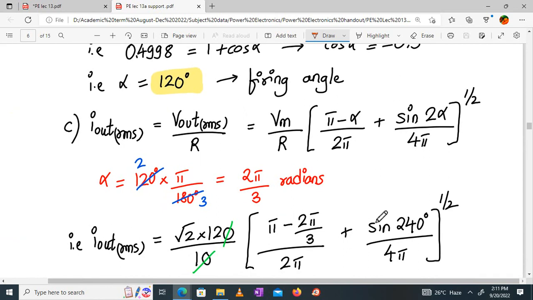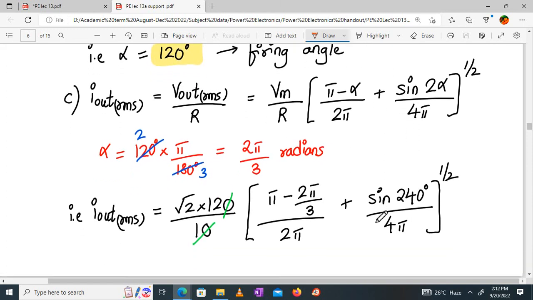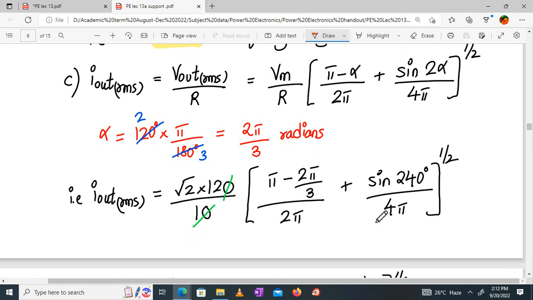Here I have calculated I out RMS first. So that will be V out RMS upon R. Remember, in pi minus alpha in the formula, alpha is in radians. So 120 degree you have to convert into radians. That will be 2 pi by 3. Yes? So be very, very careful with the calculations.